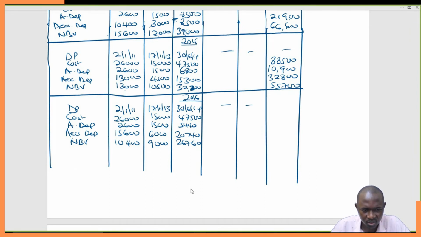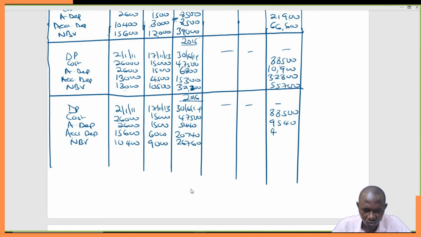We still don't have this. The totals here, this one will not change because we have not added any machine. So this one can change. So 26 plus this, that is 341. 41 plus that one, that will give us 9540. And then add 15,600 plus 6,000 plus 2740, that gives us 42,340.